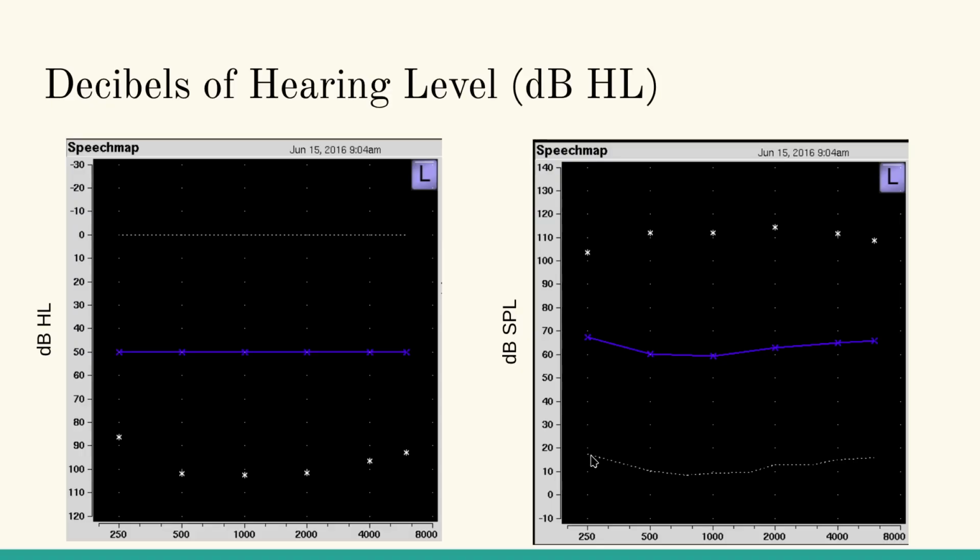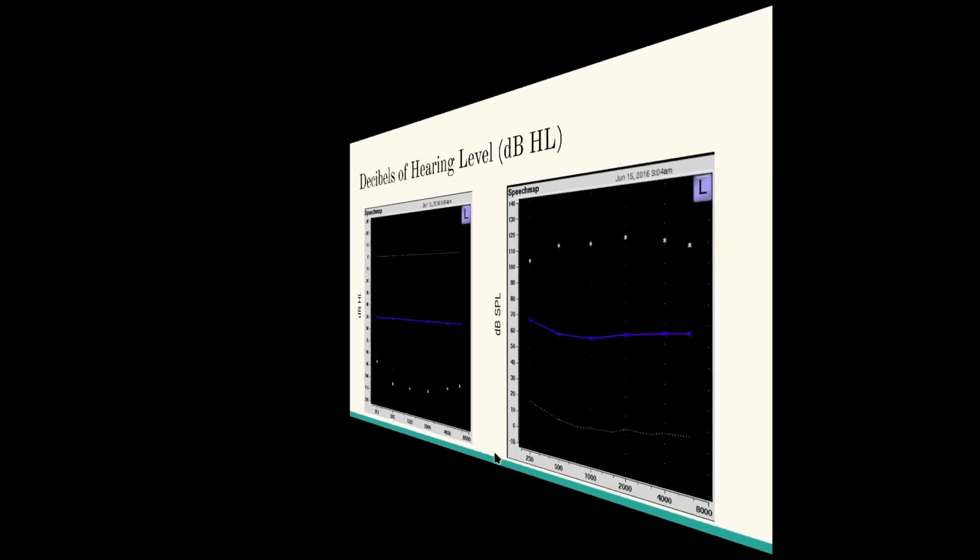We also see normal hearing threshold levels. This is the normal intensity contour for hearing threshold levels. It's not a flat line anymore because we're talking about dB SPL, and that just has to do with the ANSI conversion factors.